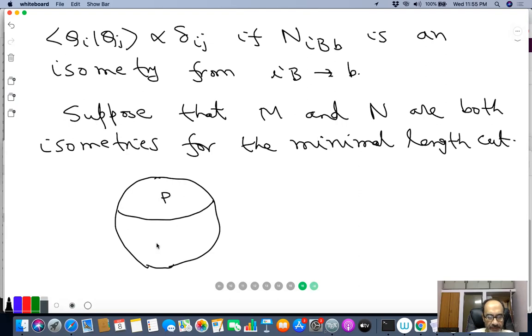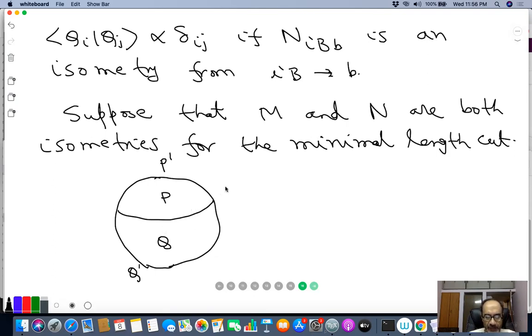So this is P, this is Q. This is P prime, this is Q prime. If M is an isometry, then you can map states from the product Hilbert space of the bulk inputs, bulk states and the link states, into the boundary. That is an isomorphism, and it means that any operator that acts on the subspace on the input can be pushed to the boundary.